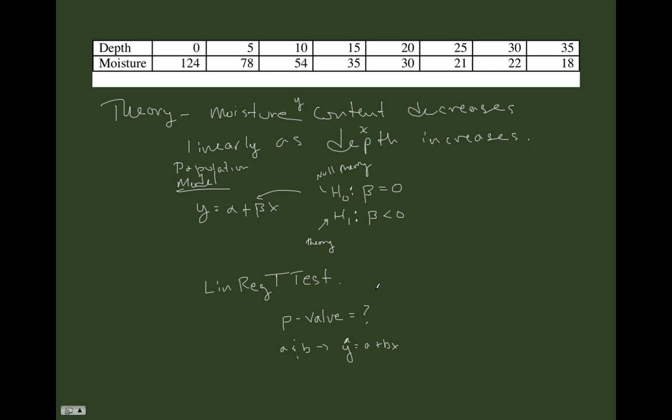We have the population version up here, and then we have the version that estimates that model that comes from the data. That's why we have different symbols, A and B for the data, alpha and beta for the population. The null is about the population, so that's why I have betas in there.